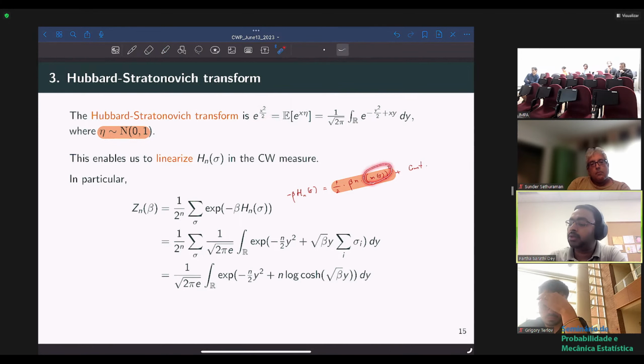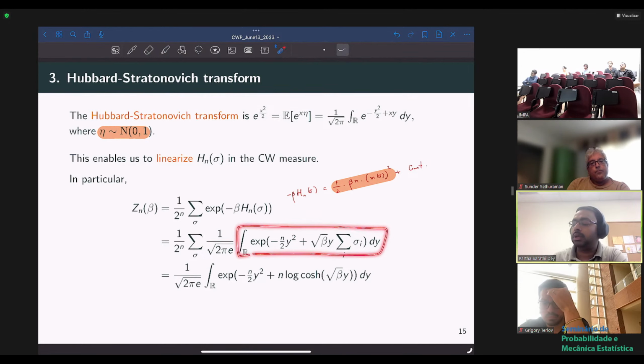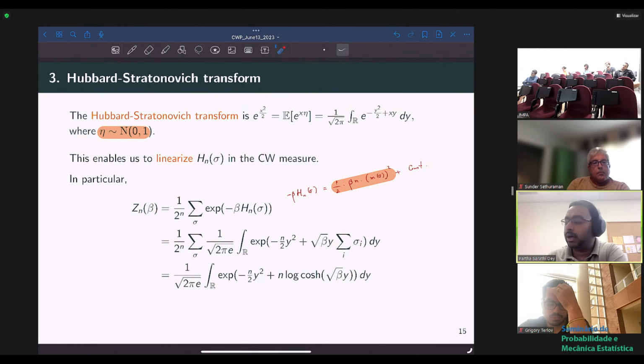Instead of m sigma square, we can write it as m sigma times a Gaussian. I just have to replace x by m sigma. We can do the same thing, but there is a 1 over n and all this quantity here. If we simplify things, it becomes this kind of integral, and this y is nothing but the Gaussian integral. Now this is better because there is no quadratic form.